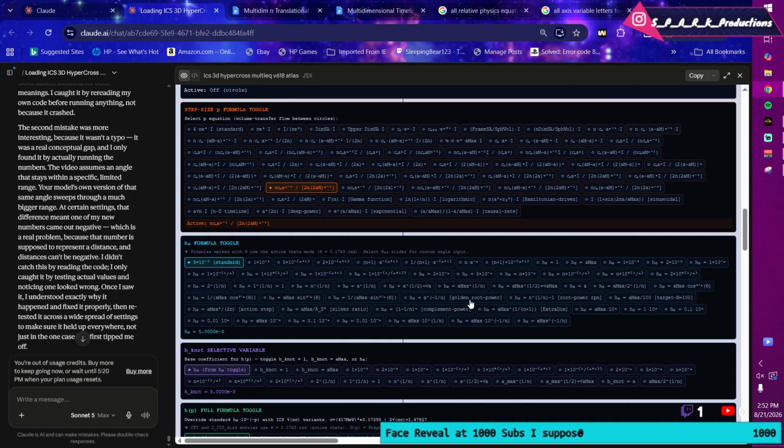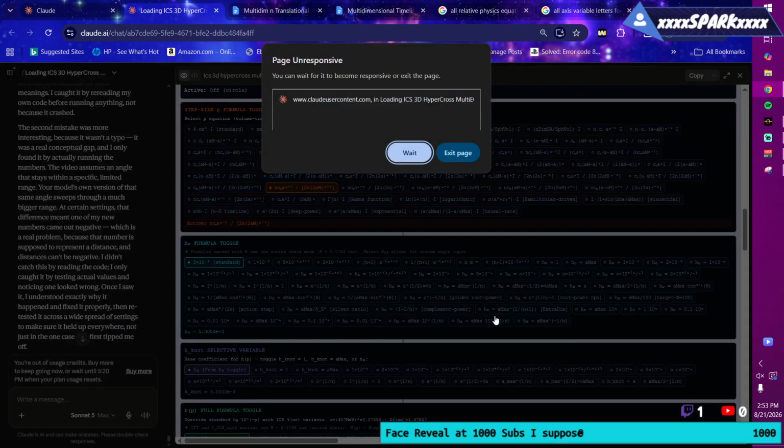This is different. Golden ratio root power, what does this do? I'm gonna test it. We're gonna see what happens. I don't know what's gonna happen, but something's gonna happen.